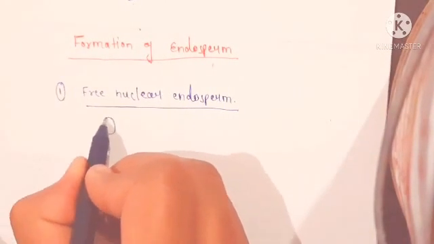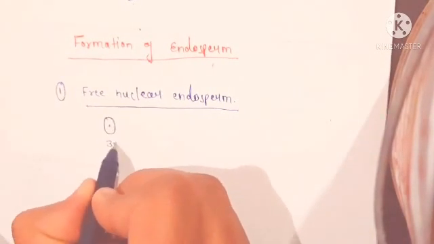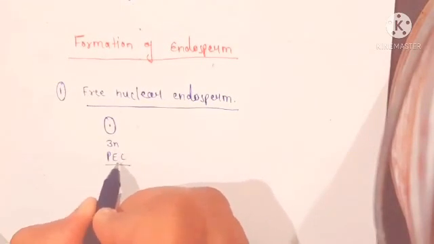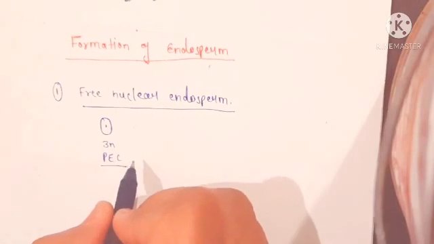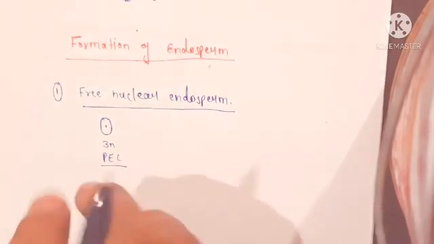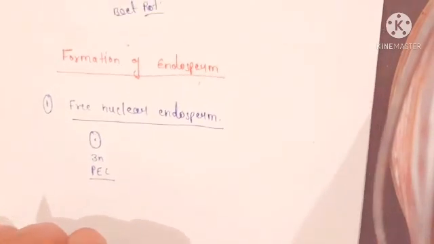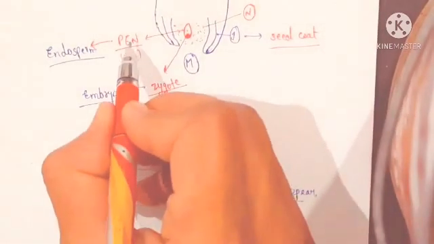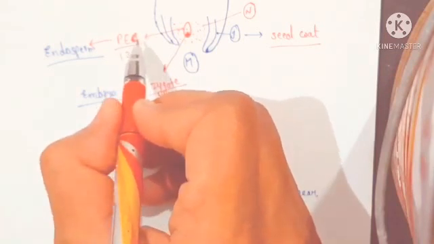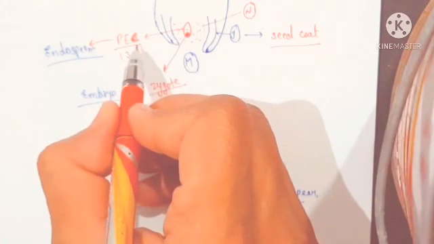Firstly, this one is the primary endospermic cell, PEC. Okay, friends, in this structure, this is PEC, primary endospermic cell.